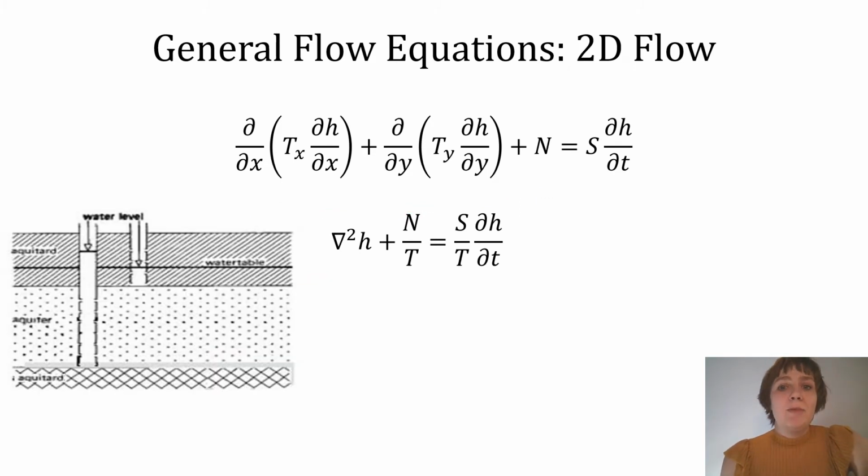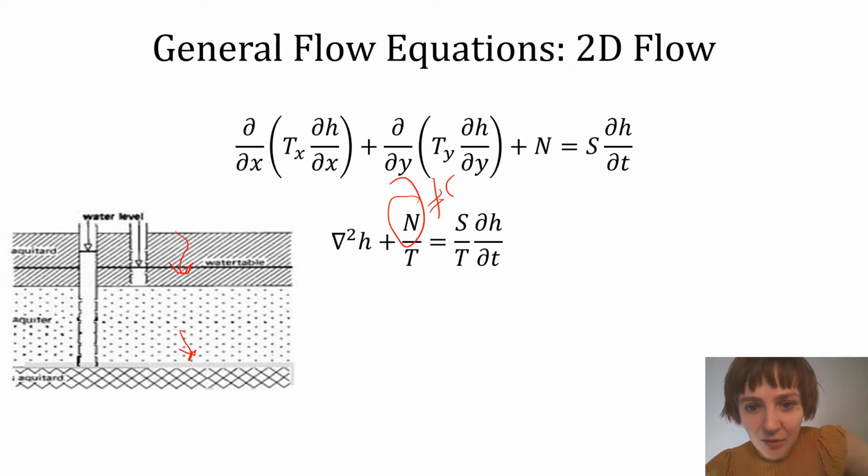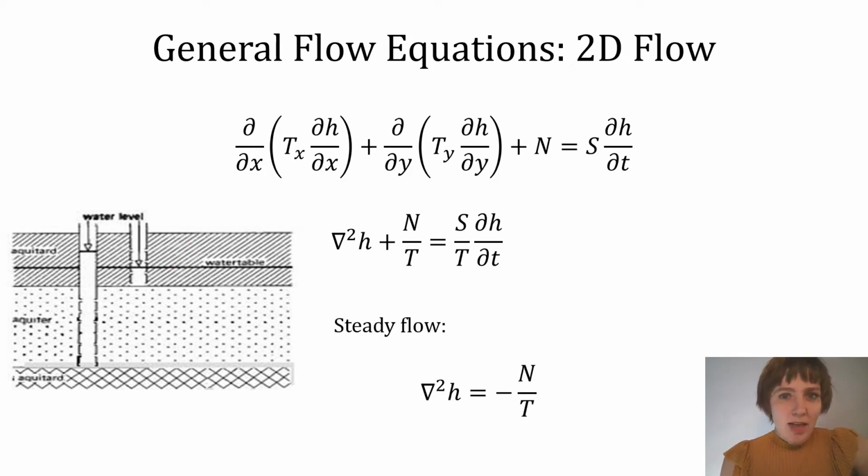Now, in the specific example that we are choosing to describe, we have some recharge or discharge, right? So this N here, that's non-zero, right? It's going to stay there. It's not equal to 0. And if we have steady flow, that means there's no change to the hydraulic head.